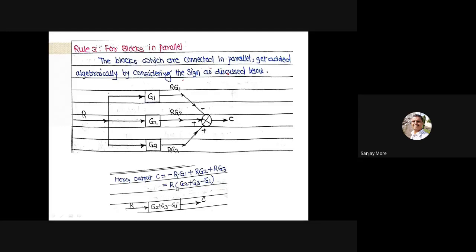Taking R common: R in bracket G2 plus G3 minus G1, and C is the output. This is blocks connected in parallel in the block diagram.